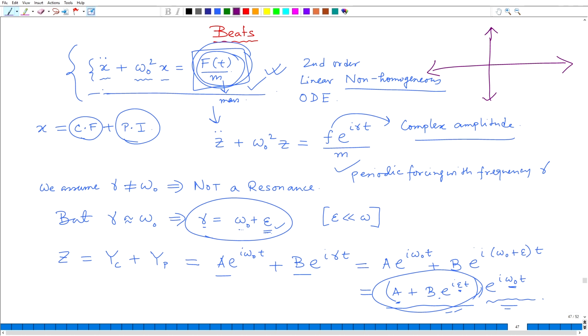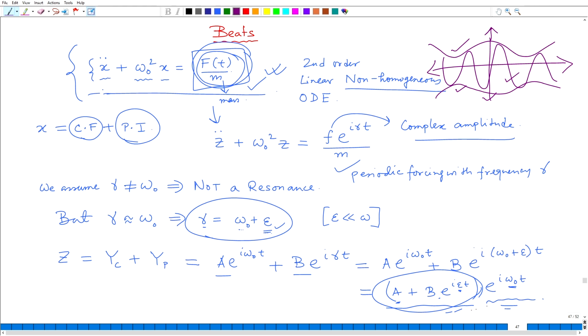So, let us say if you have a function with a lower frequency which varies like this, okay, and then you have a function which varies like this, then actually you can see that this function with the lower frequency is enveloping the function with the higher frequency. Here also we will have something like this.